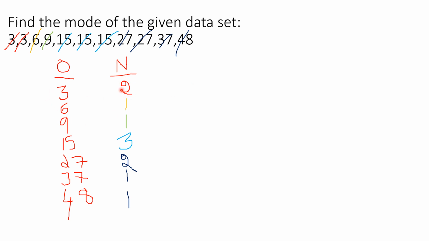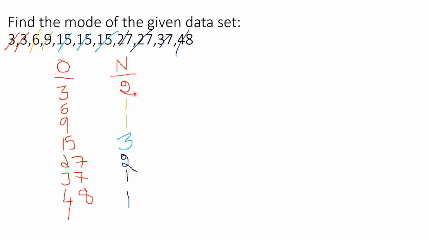So you need to compare this 2 with all these counts. If the first one is greater than all of these, then this becomes the mode. If it is less than, it cannot be the mode.